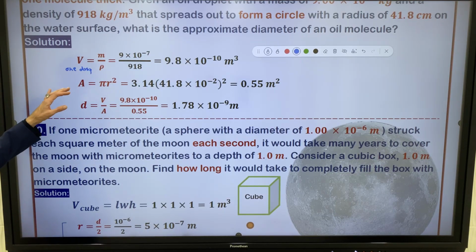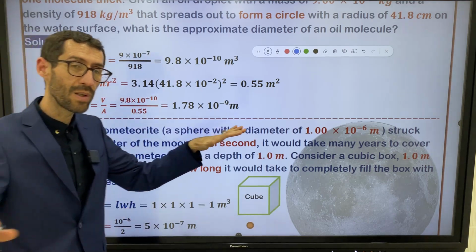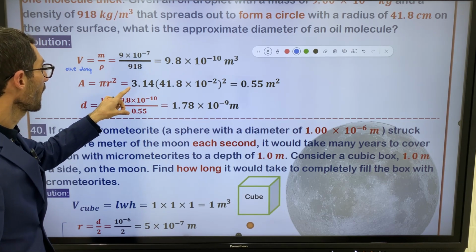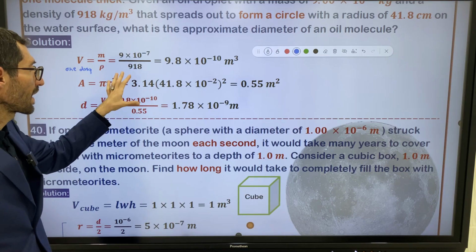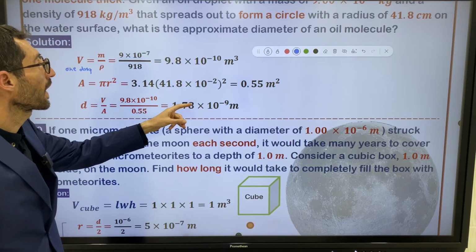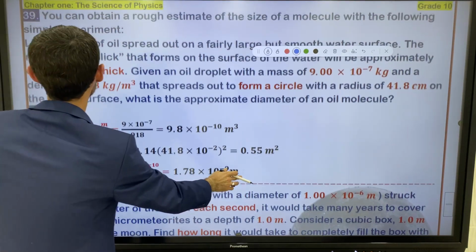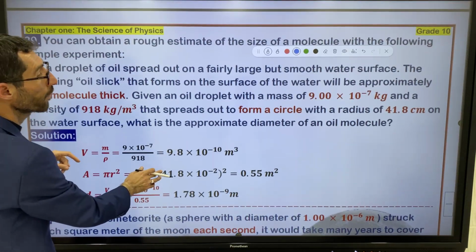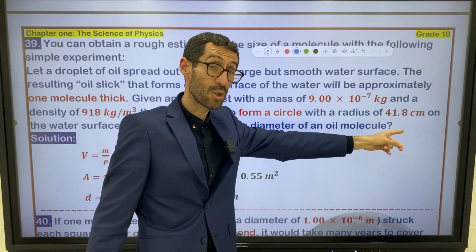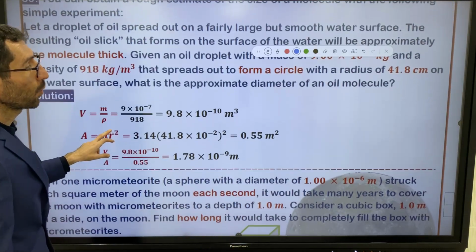Right now, area is equal to pi r square, the area that is covered by the oil actually. Pi is a constant, 3.14, multiplied by 41.8 squared. Whenever you find this number, 41.8 centimeter, this is the radius.